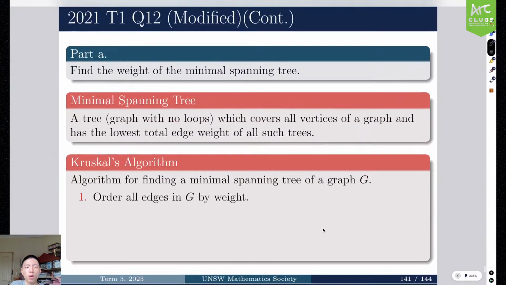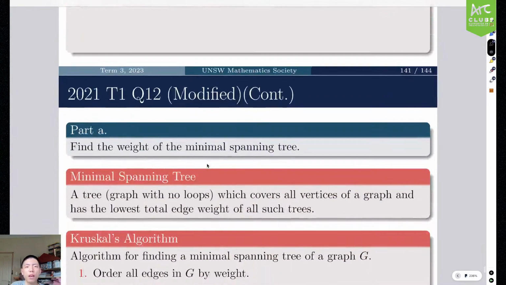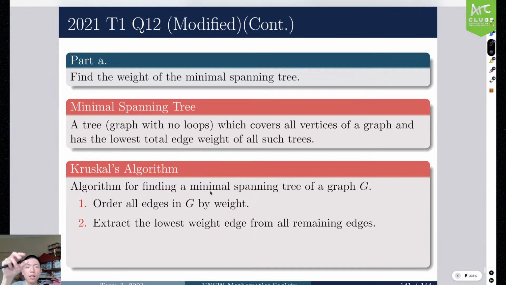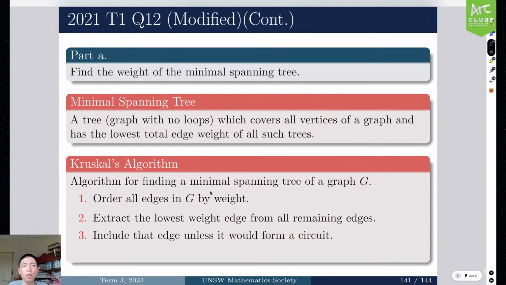How this algorithm works is that we first look at all of the edges in the graph and order them by weight. Then we apply a greedy algorithm to take the lowest weighted edge from all of the edges currently available to us. Each time we pick an edge that has the lowest weight. We include it if it is a new connection to a new vertex, but if it creates a circuit, then we exclude that edge.